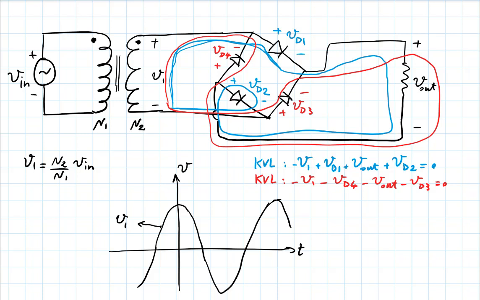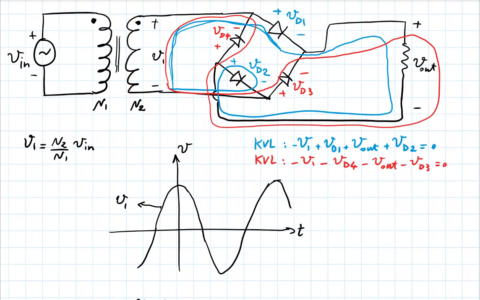Now, these are the KVL equations, and I hope I've drawn things correctly, so go verify. But if we were to just draw the path for charge flow, the path for current in the two halves, this is how it would look.